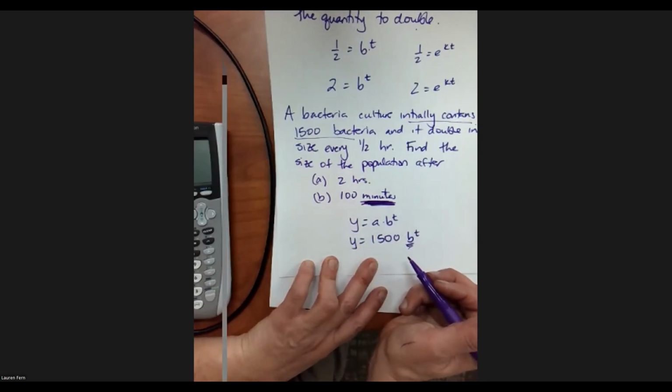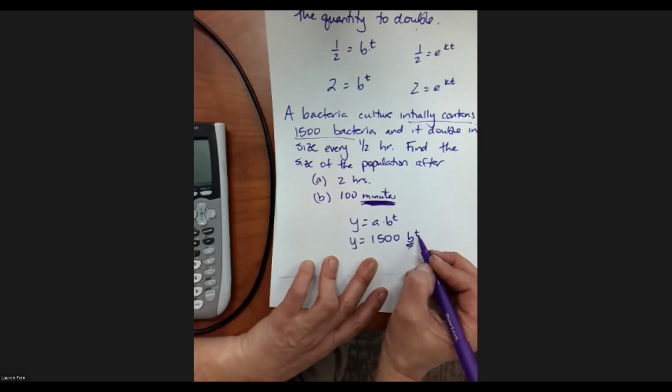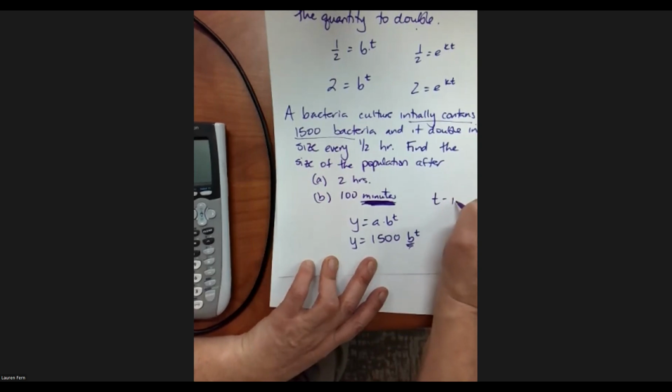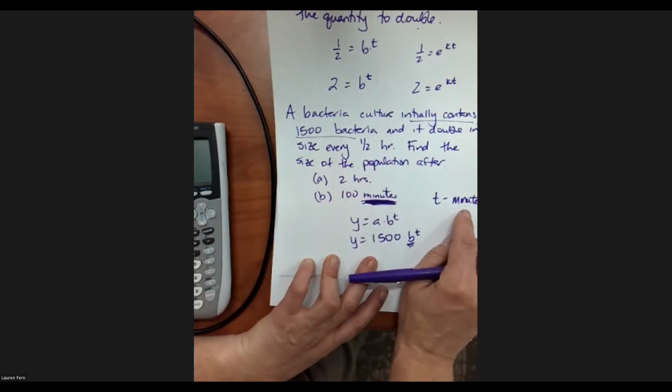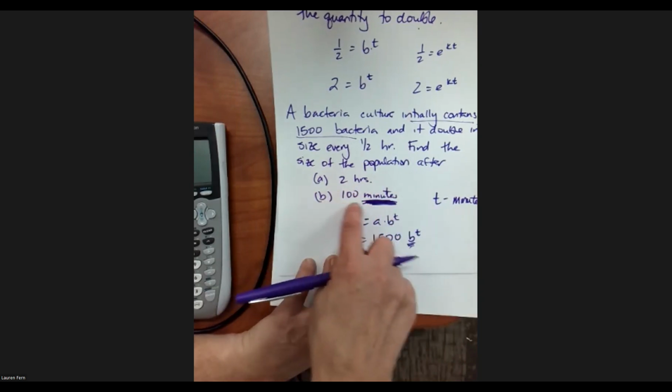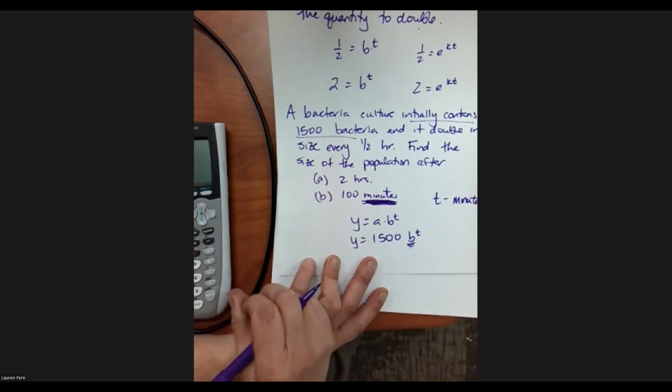Now I want you to note something. I'm looking ahead. Do you see how I want to solve this other part in minutes? You want to keep your units consistent. So what I'm going to do is have T be the time in minutes. You could have it be in hours, but then you're going to have to convert this 100 minutes to hours.